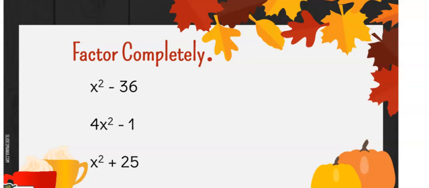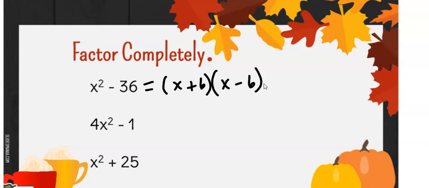So x squared minus 36. What are we squaring to get 36? So that's going to factor to x plus 6 and x minus 6. We had 4x squared minus 1.